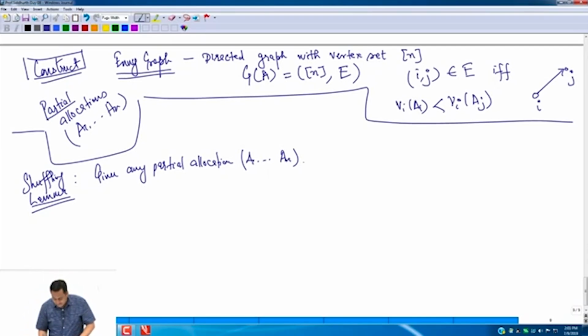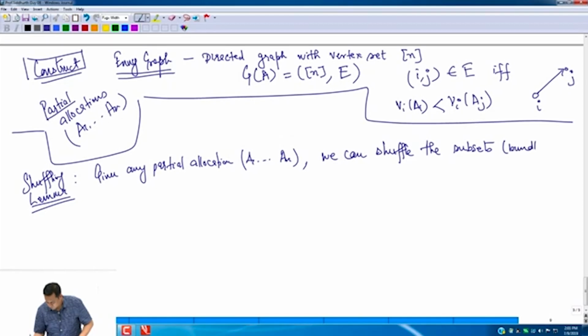But you give me any such partial allocation, what I can do is I can shuffle these subsets around, and I'll explain properly what that means.